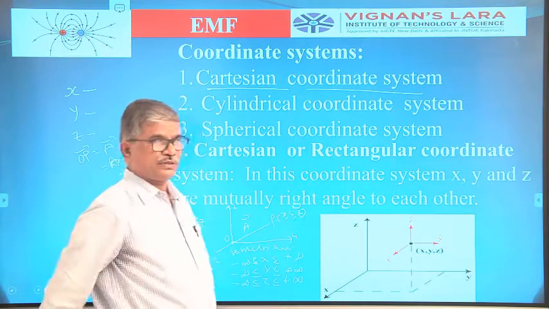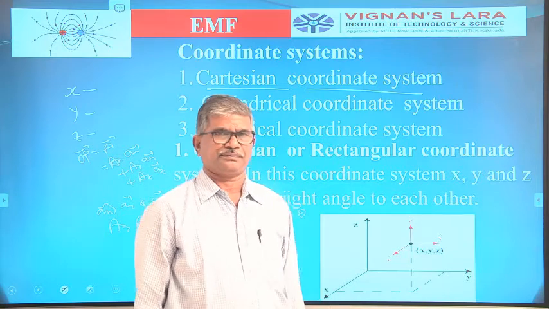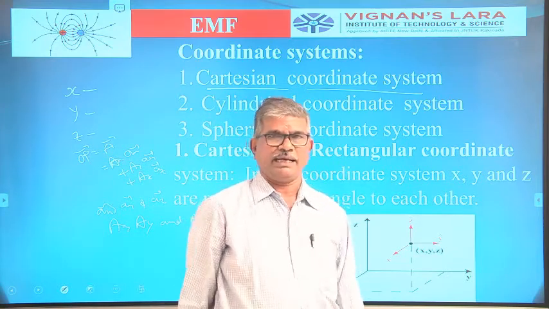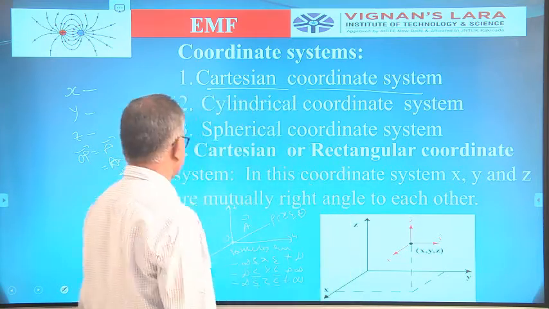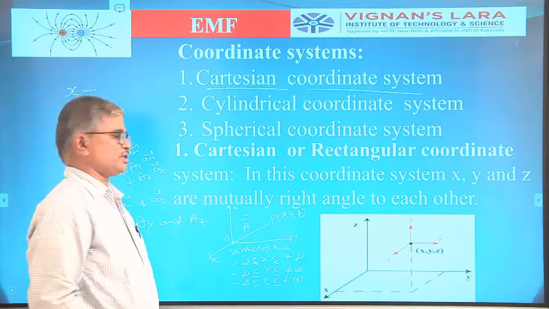So these are the limits of x, y and z in the Cartesian coordinate system.